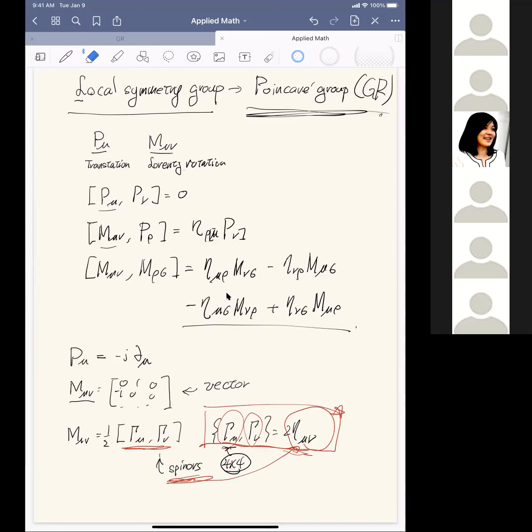We're going to make both of these symmetries into a local symmetry. However, one of these symmetry generators is the same thing as the derivative. And so we'll see what effect this causes.